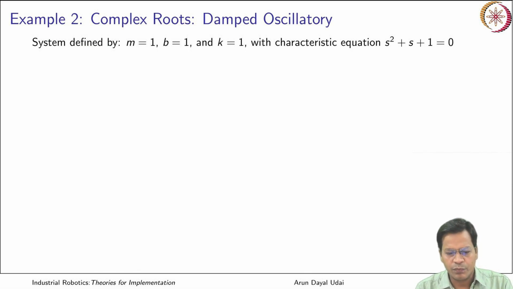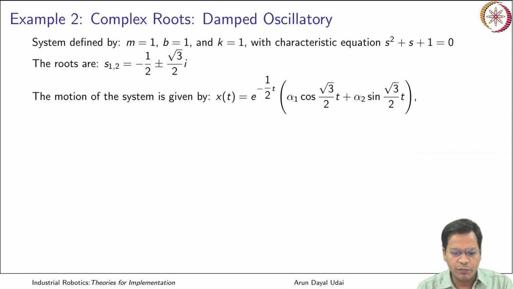You have your system given by m is equal to 1, b is equal to 1, k is equal to 1. The characteristic equation is s square plus s plus 1. The roots are complex conjugates, with a real value here and an imaginary value here.